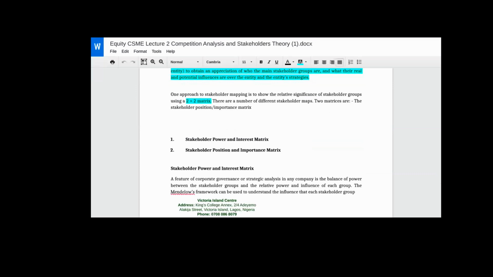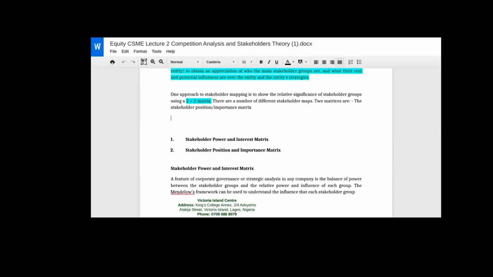Is that understood? So in exam conditions, listen attentively. We have to give priority to the number one that you are seeing here, because Mendelow discussed two aspects of stakeholders mapping. Number one is the stakeholders power and interest matrix. That is what I can set in the exam, and that is what you are expecting.